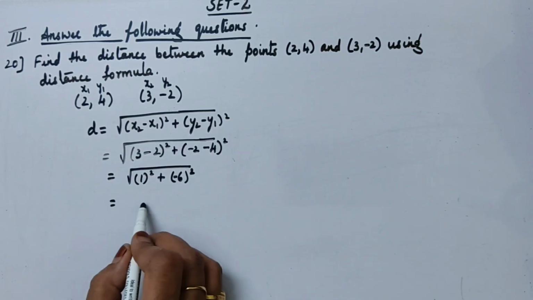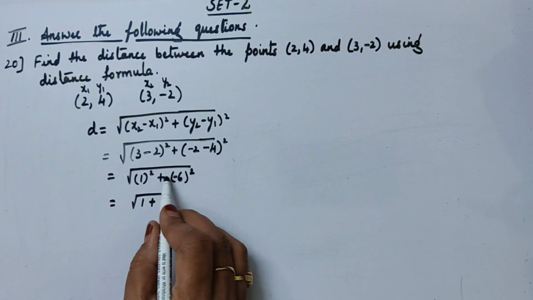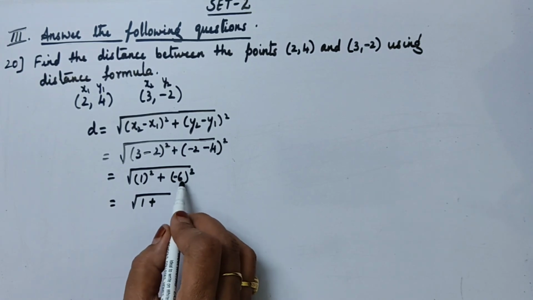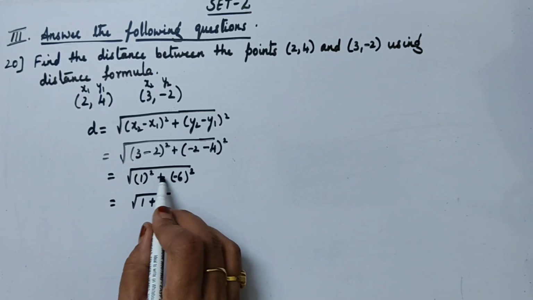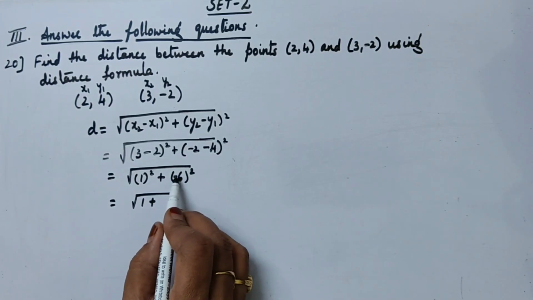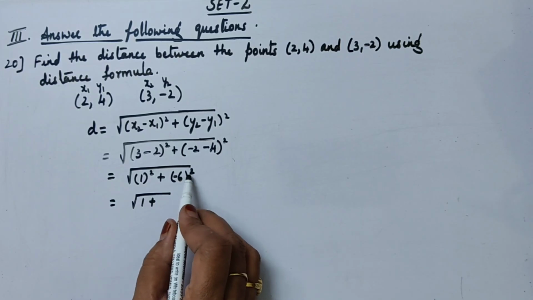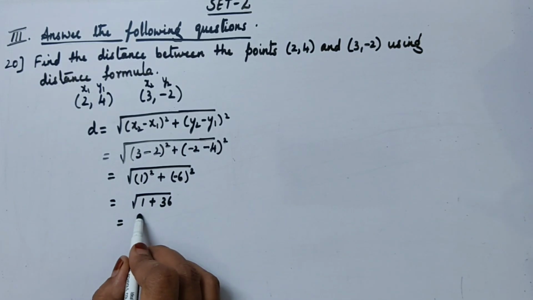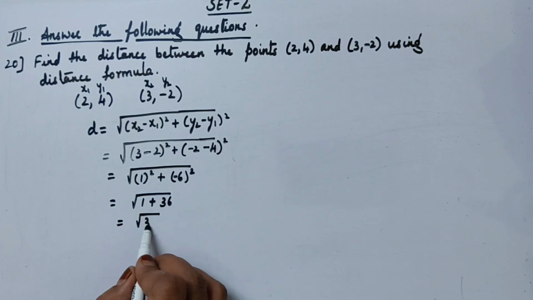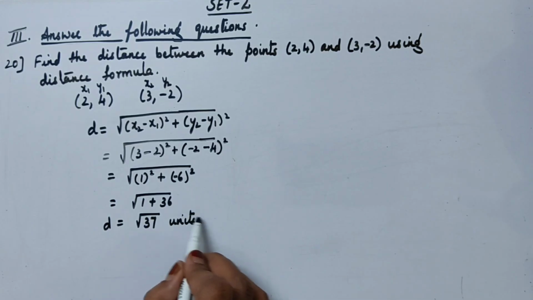So 1 square is 1 plus, as this is within the bracket, the minus is multiplied 2 times, so never multiply these two. Now minus into minus is plus. 6 is repeated 2 times, 6 6s are 36. Equals root of 36 plus 1, which is 37, is the distance between these two coordinates. 37 units, students.